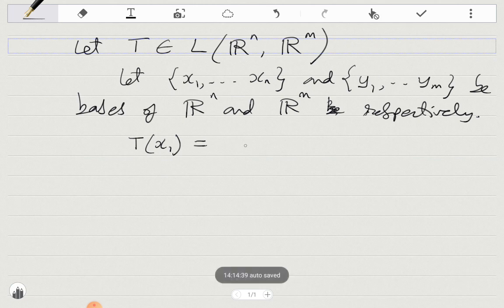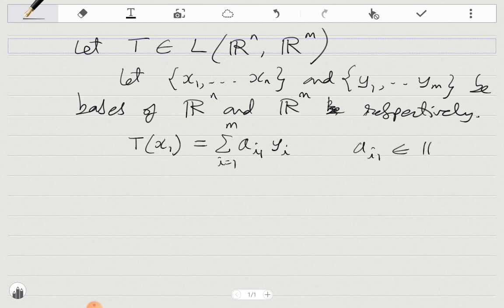I'll write it as the sum of ai1 yi, i equal to 1 to m, and ai1 are some real numbers.